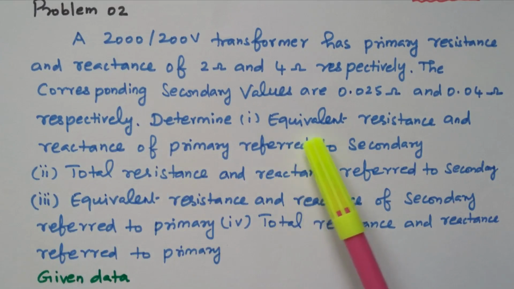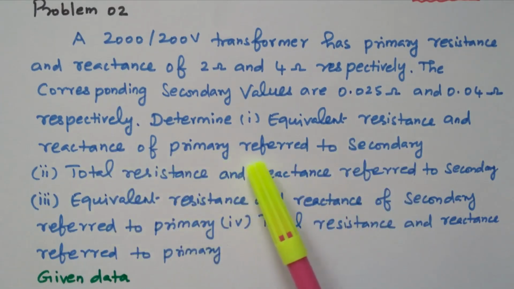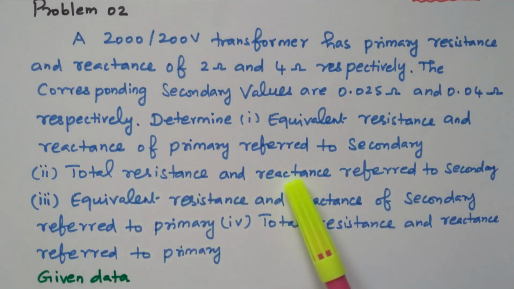Determine the equivalent resistance and reactance of primary referred to the secondary, and the total resistance and reactance referred to the secondary. Also the equivalent resistance and reactance of secondary referred to primary, and the total resistance and reactance referred to the primary. So we need to find both the primary-referred as well as the secondary-referred values.